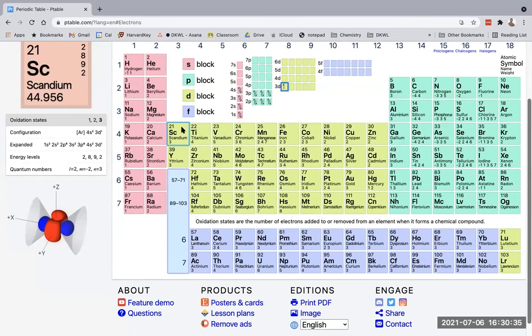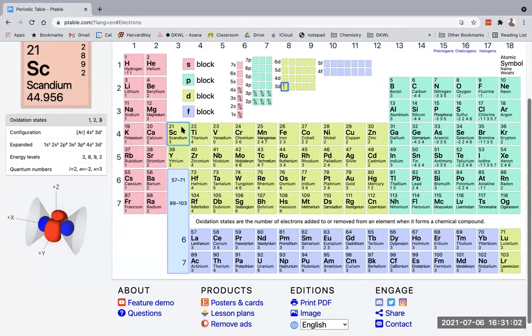So scandium and zinc, they are 2 transition metals that are not typical. They don't show variable oxidation states. Another thing that transition metals are good at is that they show colored compounds or colored solutions. But zinc and scandium both form either colorless solutions or white compounds, not colored compounds. So they're not traditional in that sense as well.